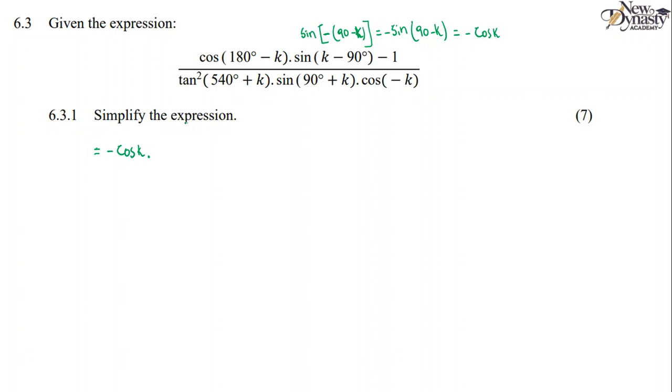So that's how you write that. Let me put it inside the bracket so that it doesn't confuse you with the negative sign. So negative cos k, minus 1.